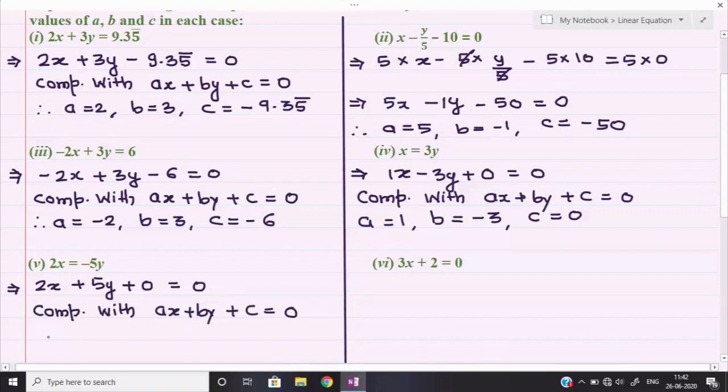Right? Now tell me what is the value of a. The value of a will be equal to 2, b will be equal to 5, and then c will be equal to 0. Right?